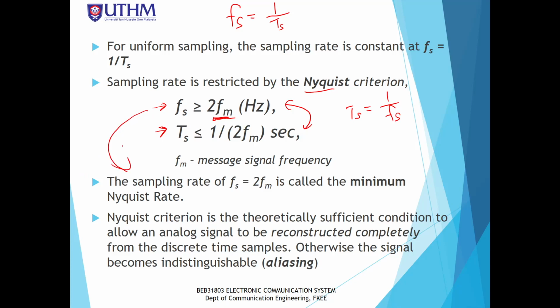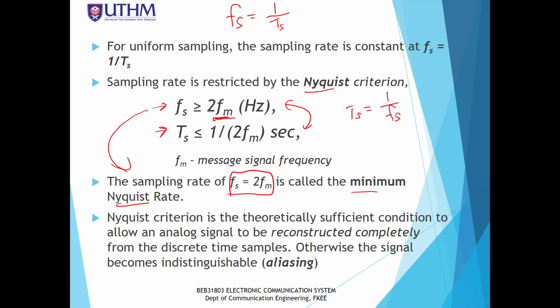Therefore, the minimum sampling rate, what we call the minimum Nyquist rate, is equal to 2 FM. So this is the minimum. Sampling cannot be less than this. It can be more, but it cannot be less.